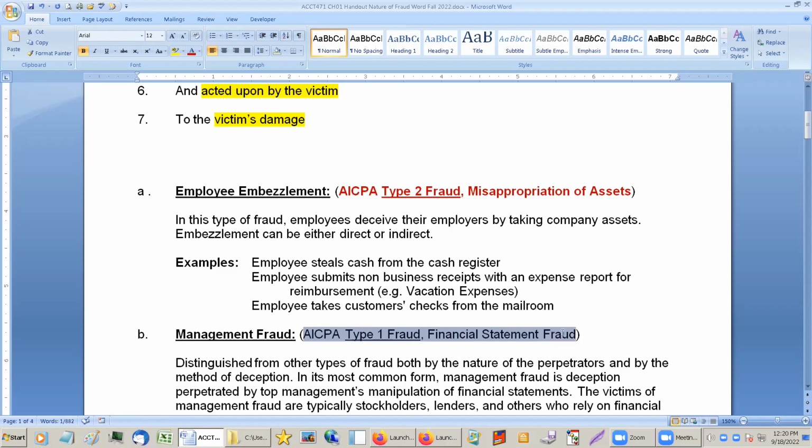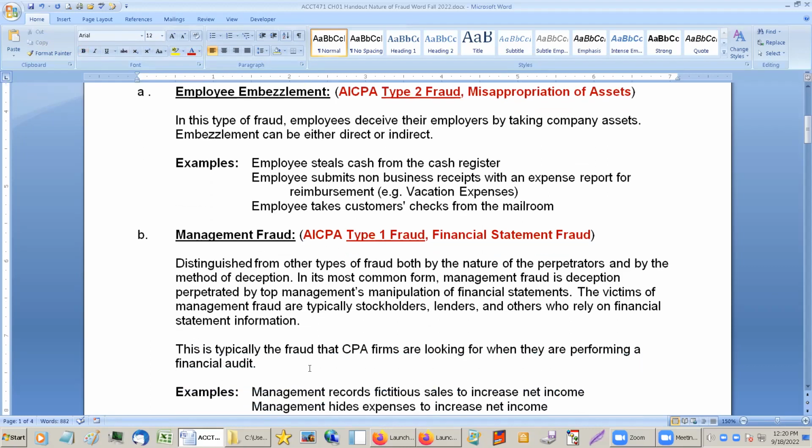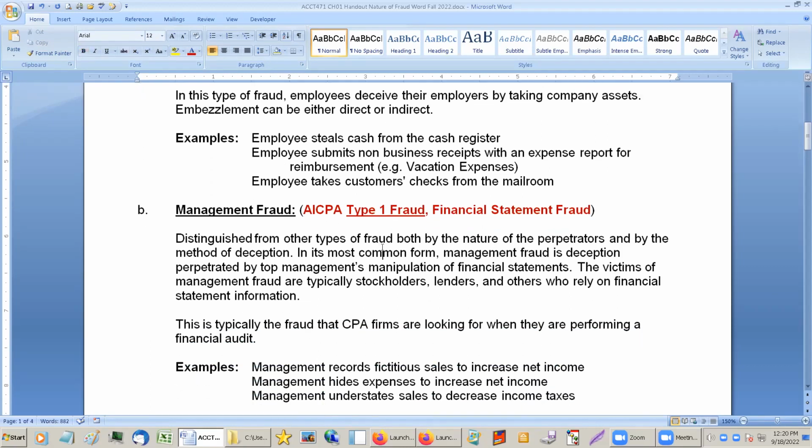Management fraud. This is usually done by people higher up in management. Top management is usually involved in this. So what are some of the examples of this?